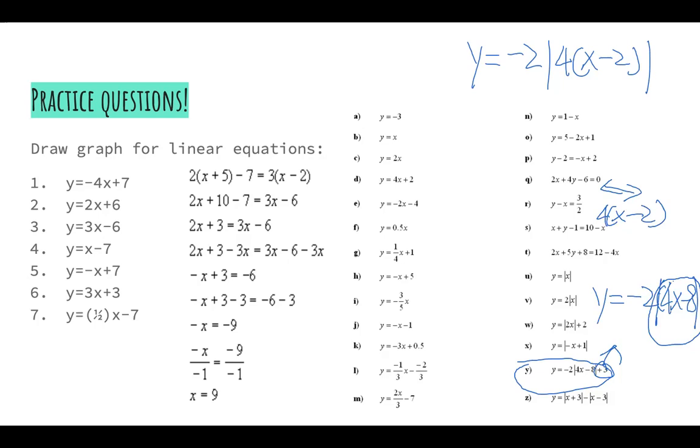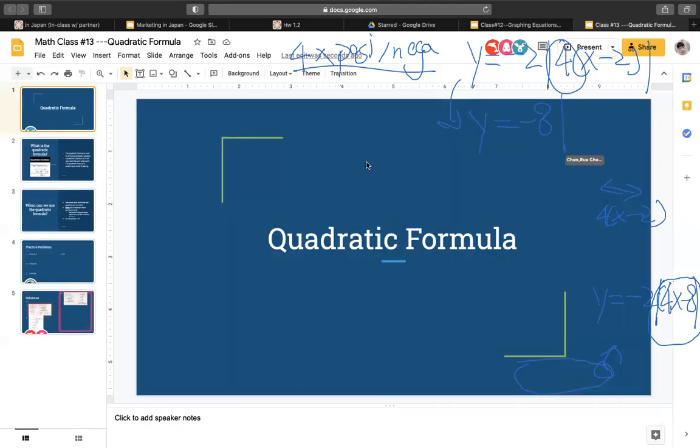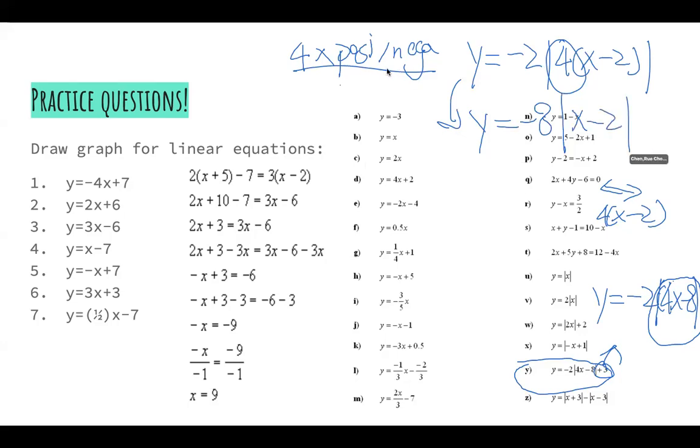And we can do it further because we have our basic math skills. If we multiply a positive or negative number, we don't change their sign. So actually we can further do it as y equals -8 x minus 2.